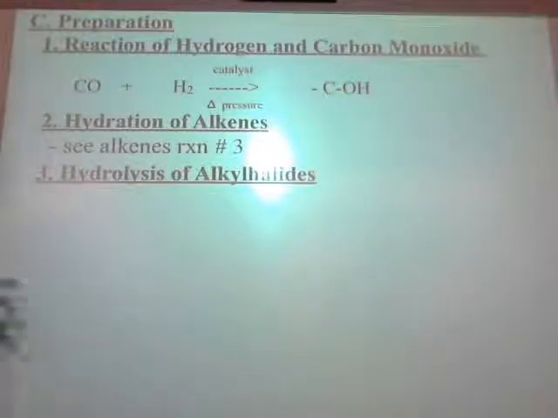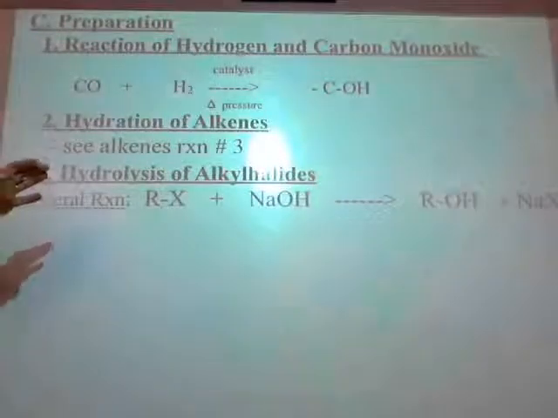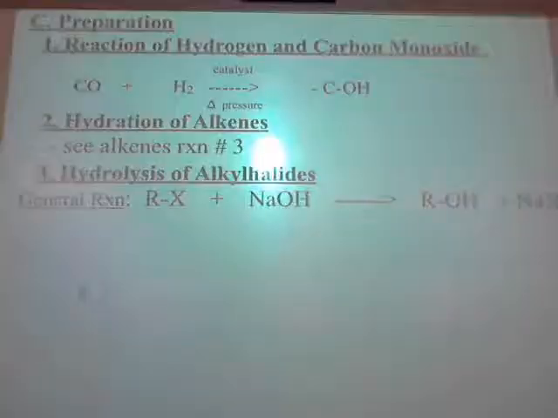So, if I react an alkyl halide with sodium hydroxide, look what happens. A lot of what I like about organic chemistry is how much it makes sense versus just memorization. Okay, watch.